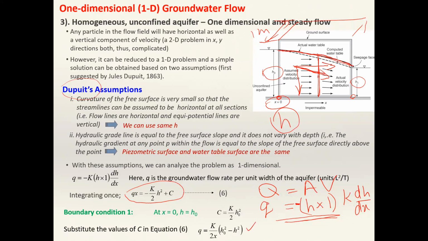So this is the equation. You should be able to come up with this kind of an expression for the water level variation based on the given condition. It can be a confined aquifer or an unconfined aquifer. All right. So you should be able to derive it.